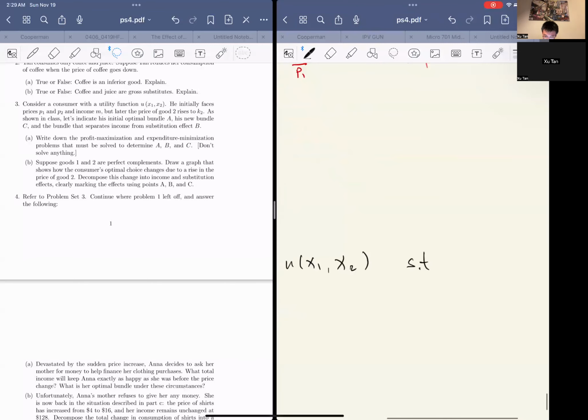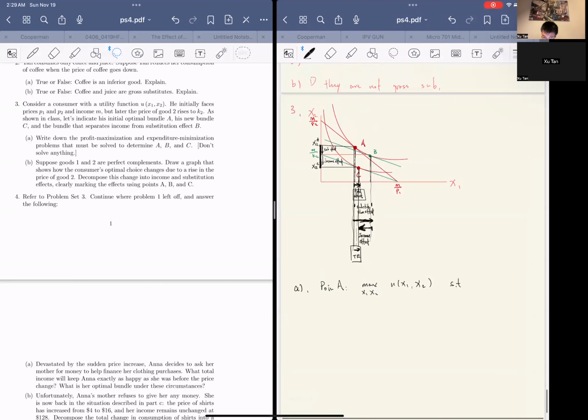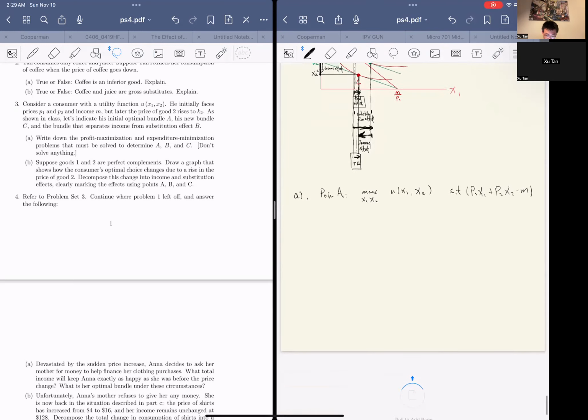Subject to P1 x1 plus P2 x2 equals M. Right? So that's point A.